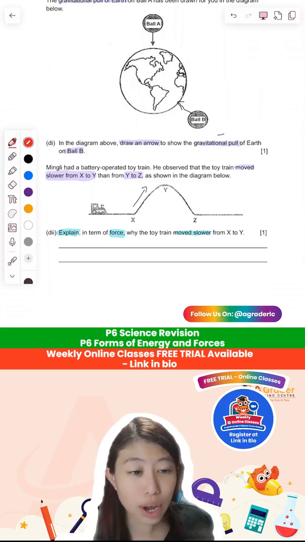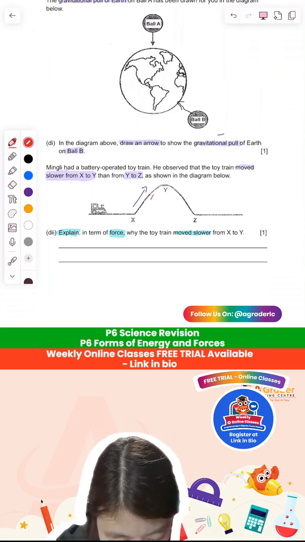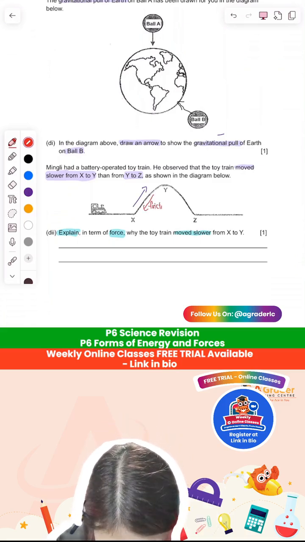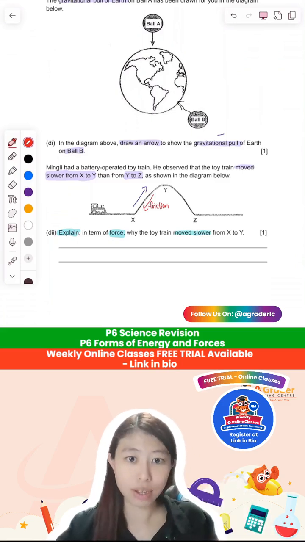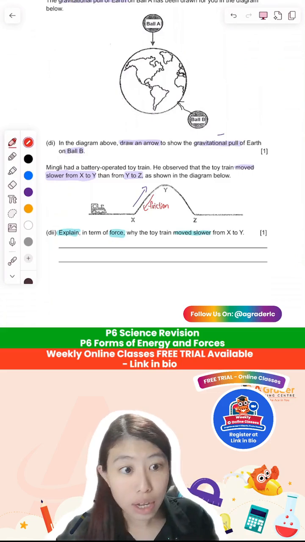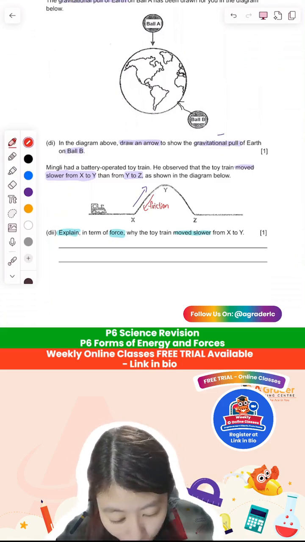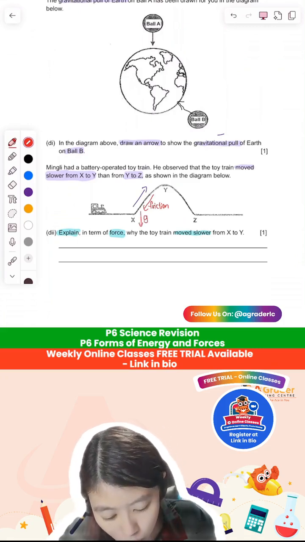Frictional force, very good. First, you are going against friction. No matter what, as long as the train is moving, you're always going against friction. What's the other thing? Very good, Kayla. You are going against gravity as well, because when you're moving up, gravity is desperately trying to pull you down.